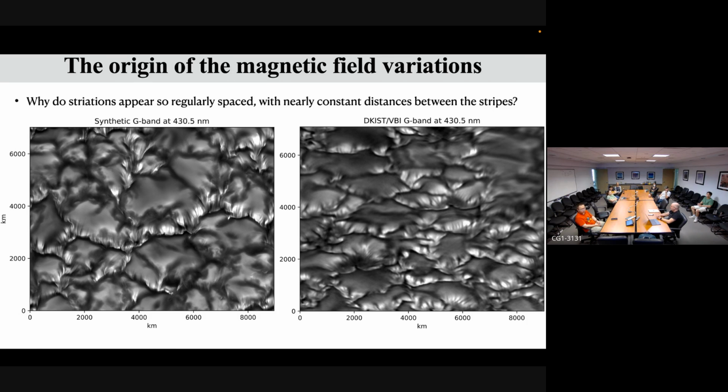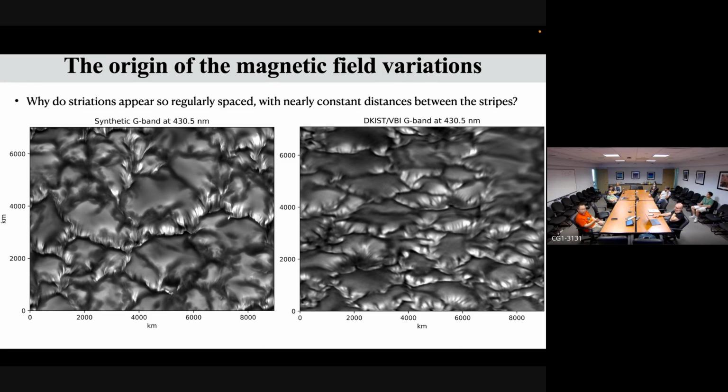Actually, the Pontiu paper has some findings that indicate that waves could play an important role. So yeah, it could be important, the waves there.